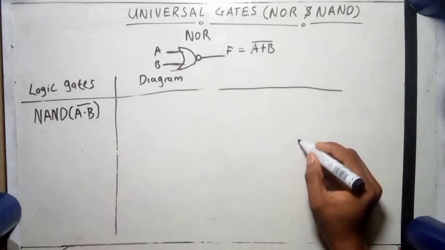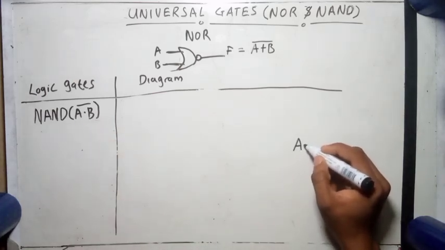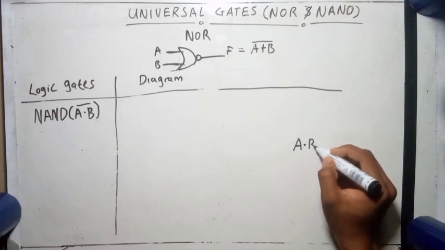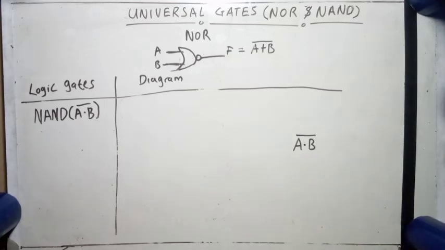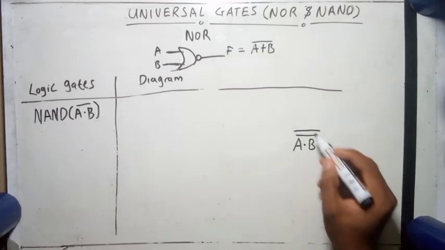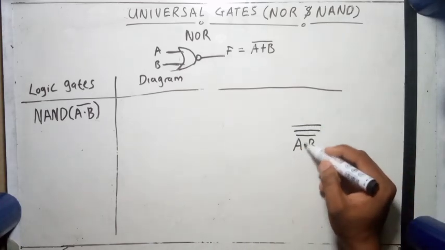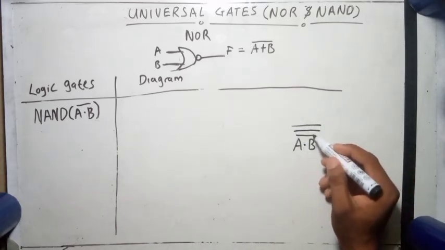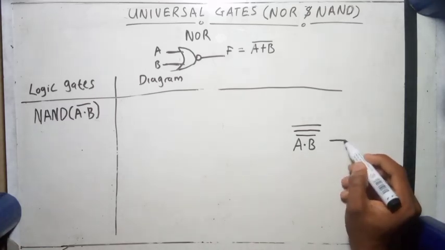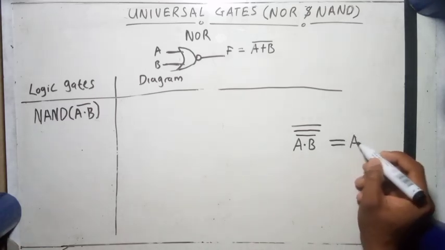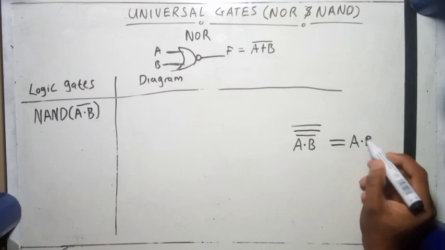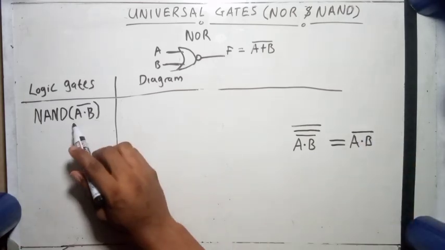We write down our expression A dot B, or what? Bar. We just double bar it. Let's double bar it. Now splitting this, remember we double bar, not only just one bar, so that we can also get back our words. This is the expression for your NAND.